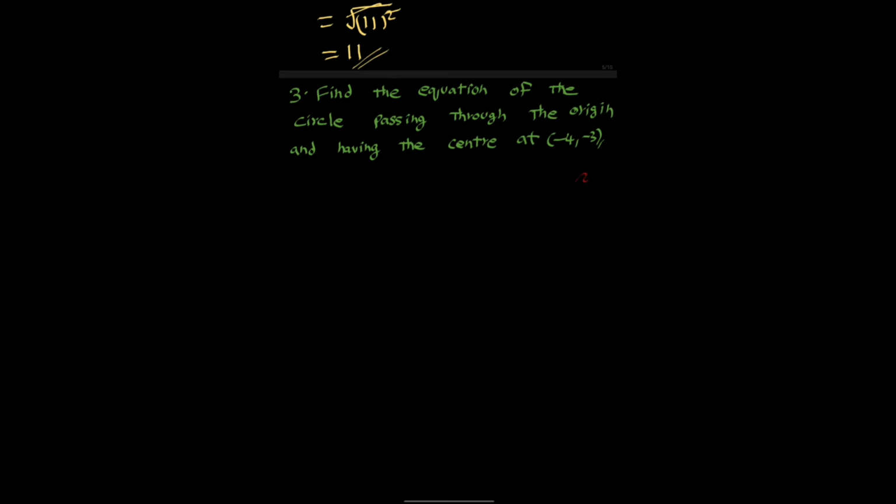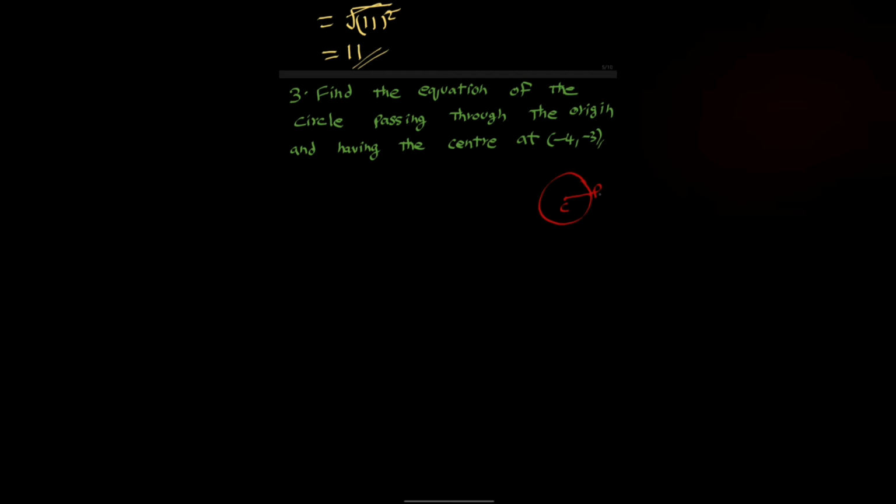So let us see. This is a circle and center C and this some point P. So the question is the circle passing through the origin and having center at minus 4 comma minus 3.